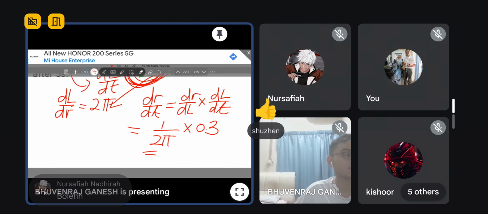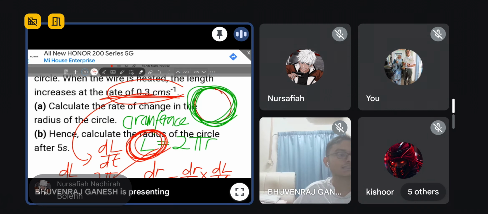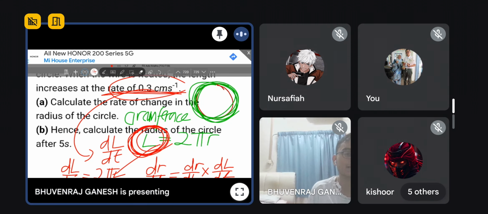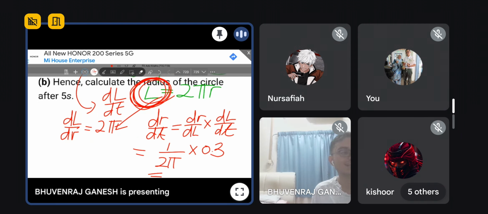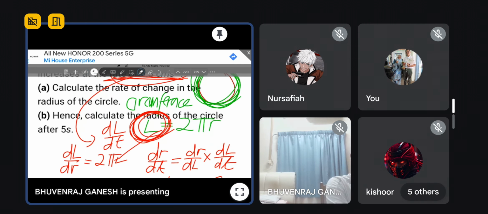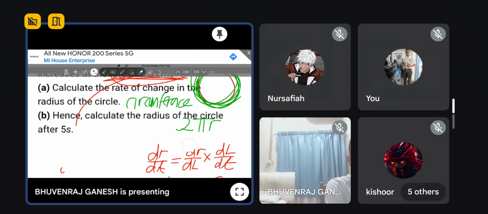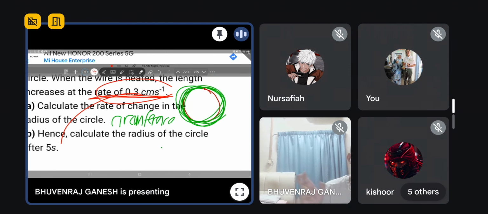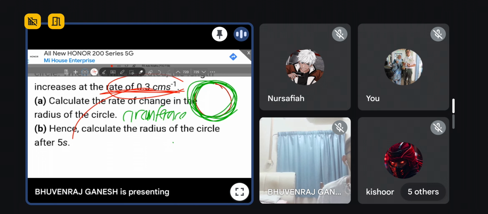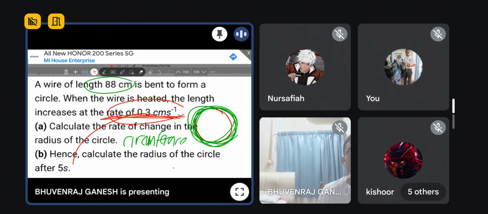Question B. Mereka suruh cari jejari after 5 second. Wah, banyak H kat situ. So for B, they ask you the radius. This one a bit more difficult because dia tak direct sangat. It's not a direct question. So you must see carefully this one.